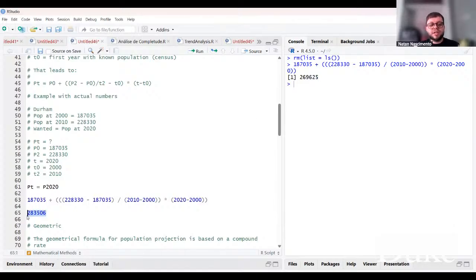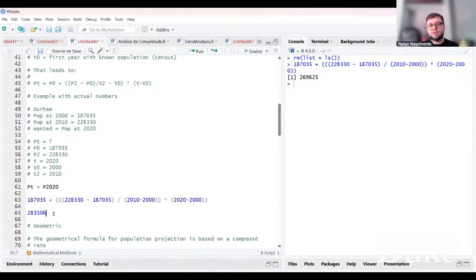Of course, it can be off from the actual numbers because it's dependent on a lot of things. It depends on whether we have more deaths or fewer deaths. It depends if we have a fertility rate that is higher or not. It depends on migration.